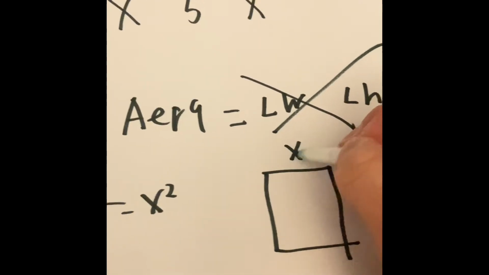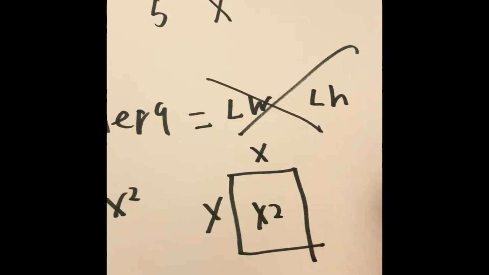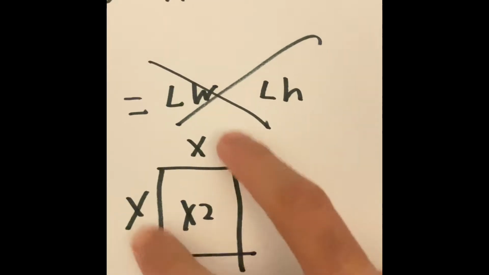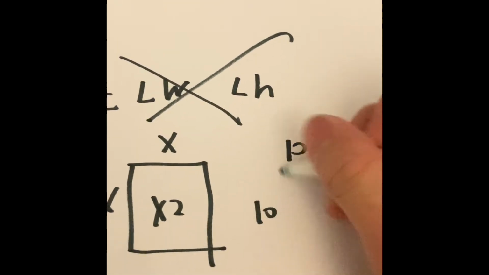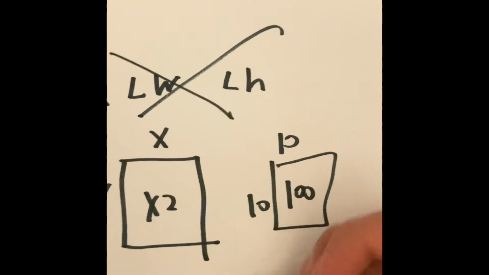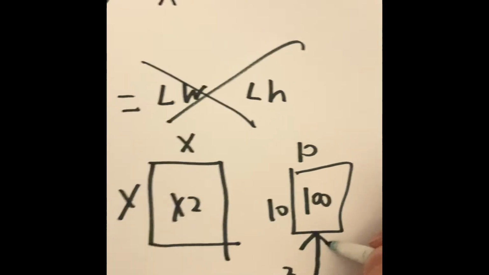As x here, x squared inside it. If we insert something for x, if we say 10 times 10, that is going to be equal to 100. Or 10 squared also equals 100.